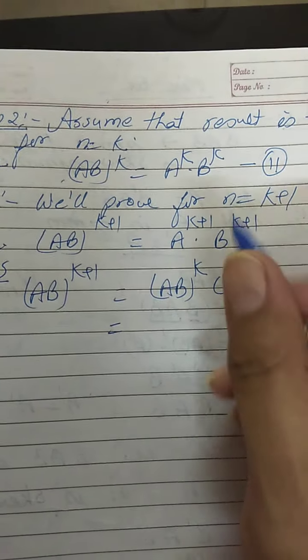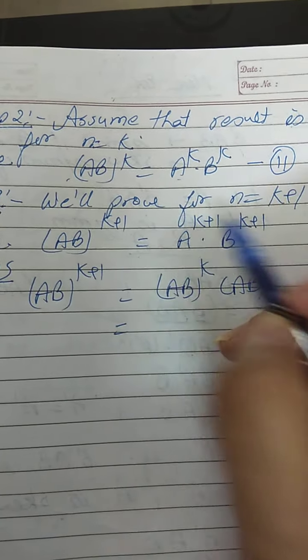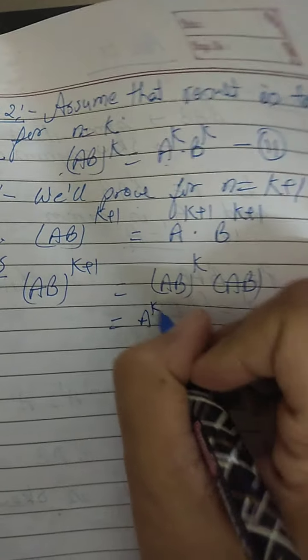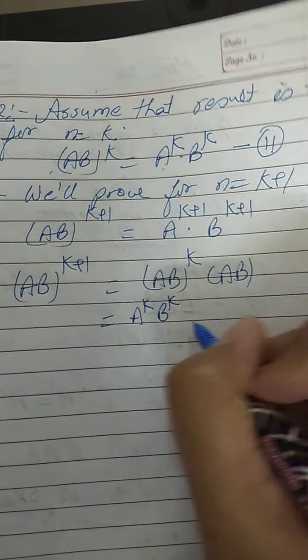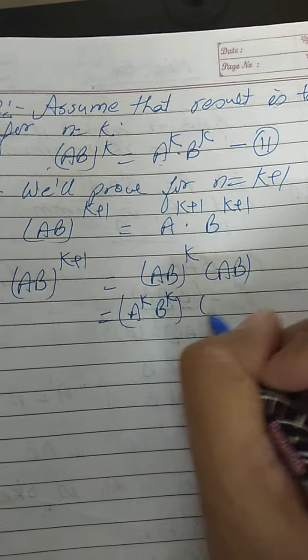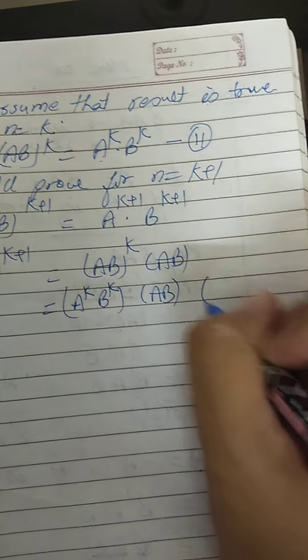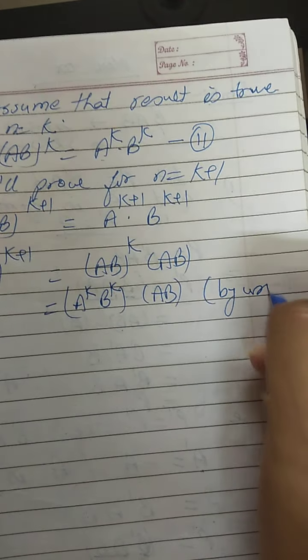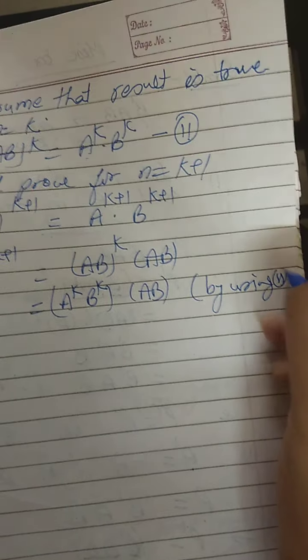And (ab)^k, in equation number 2 we have this thing, so it will come equals to a raised to power k, b raised to power k, right? And this ab we will keep it as such. We will write down here by using 2.